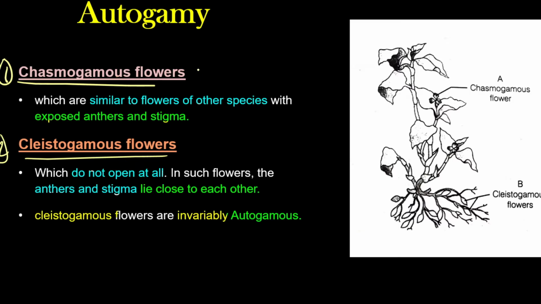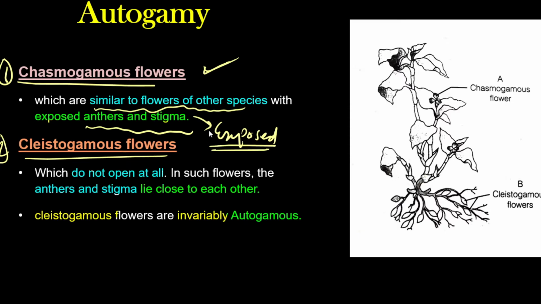So let us discuss what a chasmogamous flower looks like, or what are the characters of the chasmogamous flower. These flowers are similar to the flowers of other species, in which anthers and stigma are exposed. They are not closed, they are exposed.